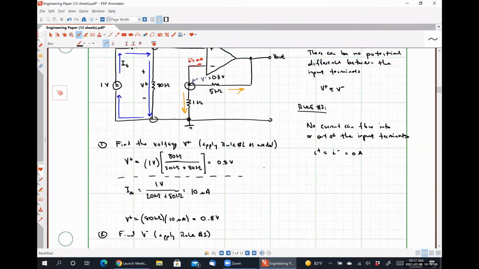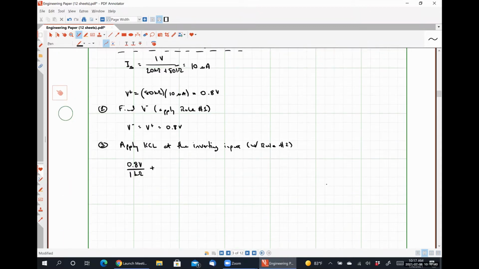That would be 0.8 minus V out divided by 5 kilo ohms. Perfect. So 0.8 volts divided by 1 kilo ohm plus 0.8 volts minus V out divided by 5 kilo ohms is equal to 0. And this gives us enough information.